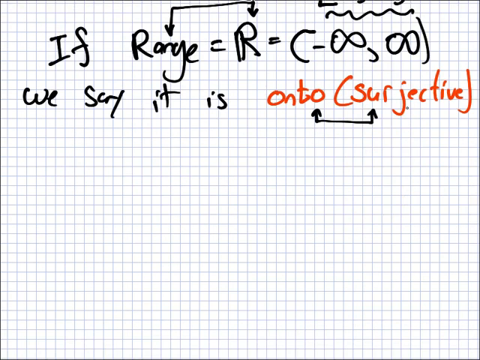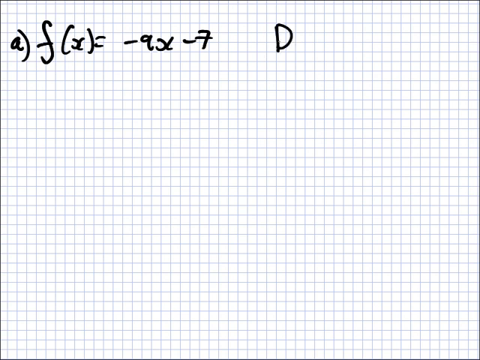Okay. So, firstly, let's have a look at some domain examples. Example A, f(x) equals minus 9x minus 7. What's the domain? Domain is, what values of x can you use? That's a real number. You can use any number here. Now, let's have a look at B. What's the domain there?